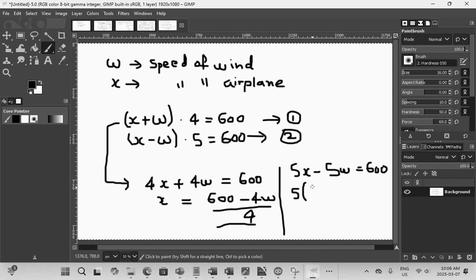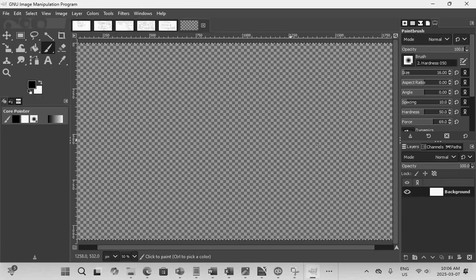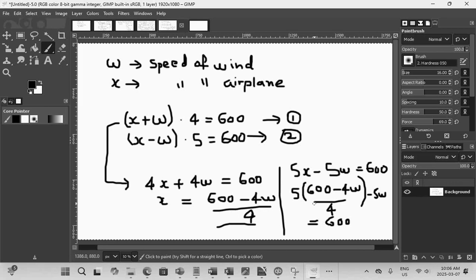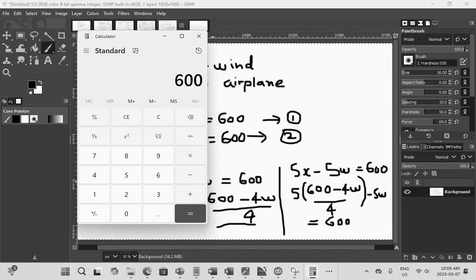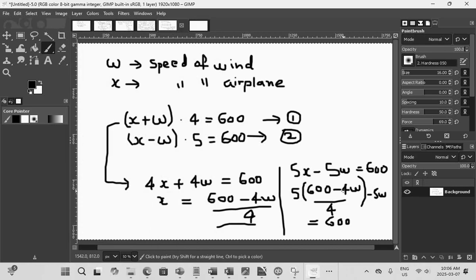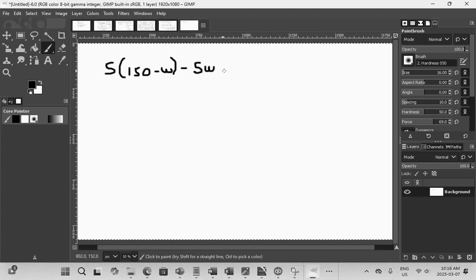Since we know the value of X, this will be 5 times (600 minus 4W) divided by 4, minus 5W, equals 600. 600 divided by 4 is 150, minus W, since 4 goes into 4 once.